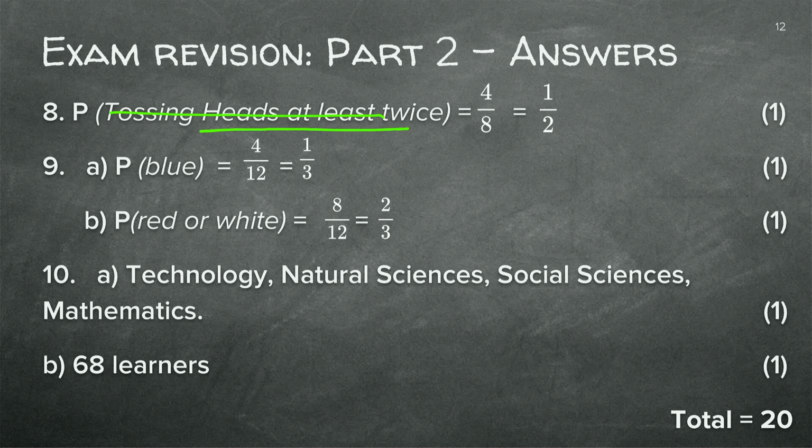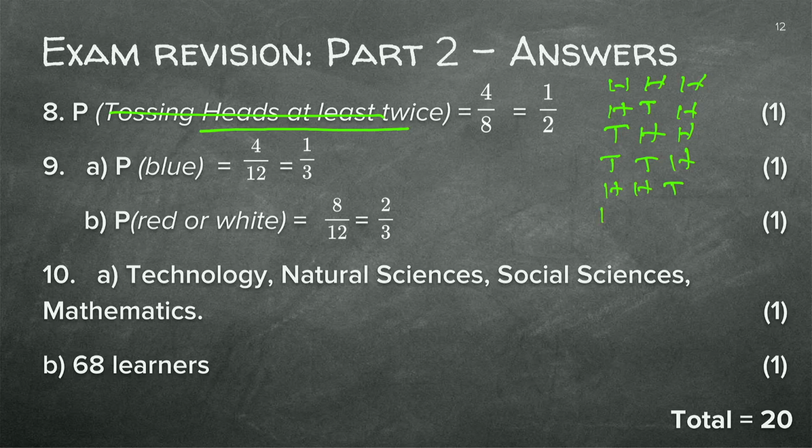Again, here we're going to work out, if we toss it, we're going to get head, head, head. We're going to get head, tail, head. We're going to get tail, head, head. We're going to get tail, tail, head. We can have head, head, tail.